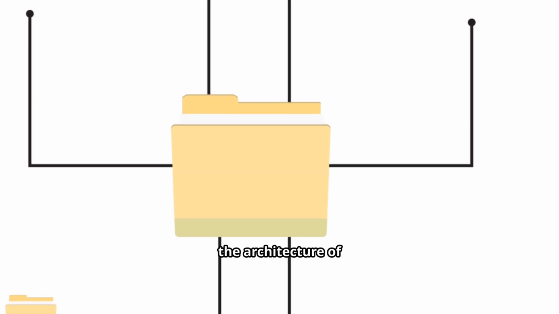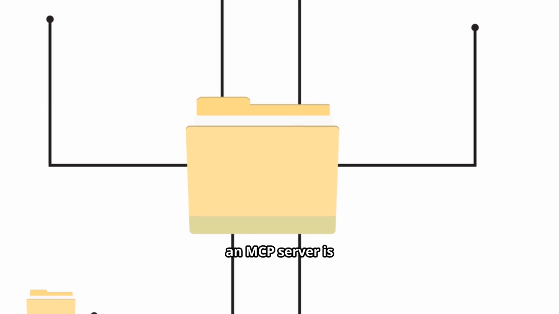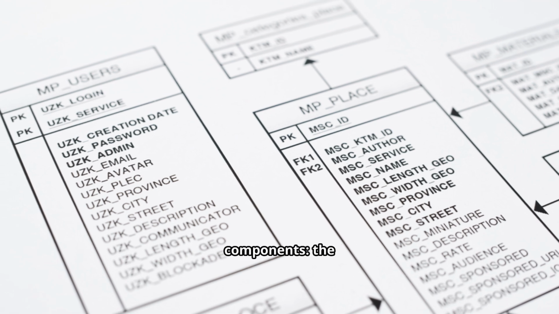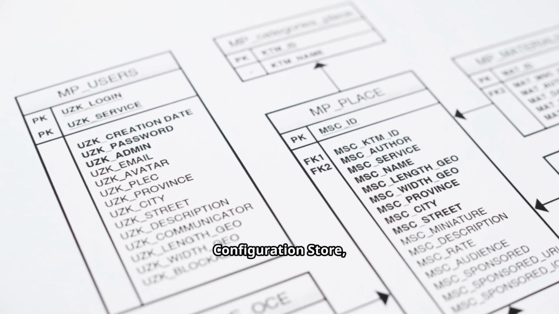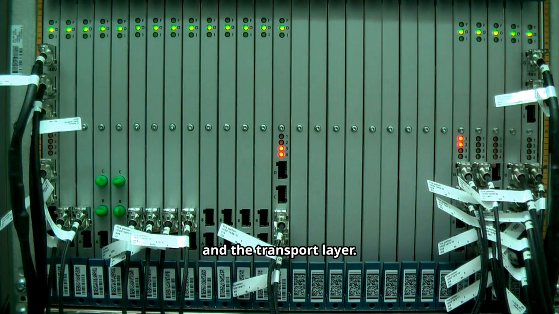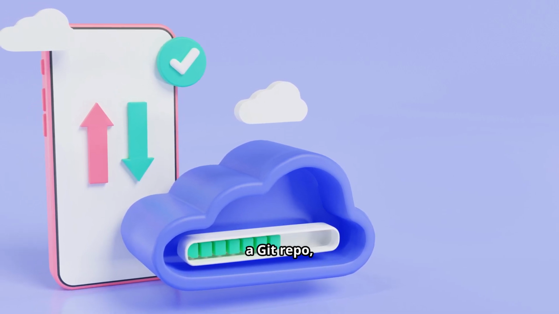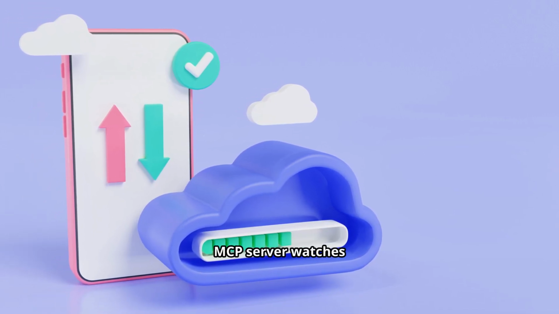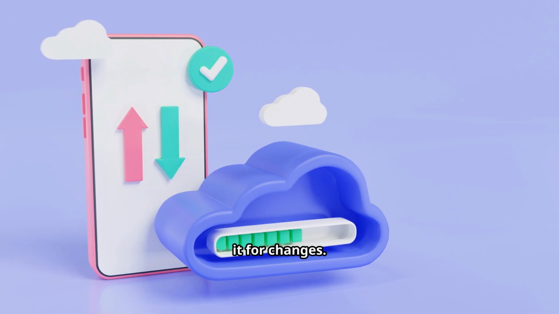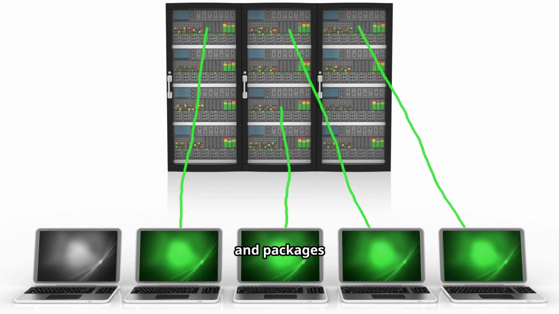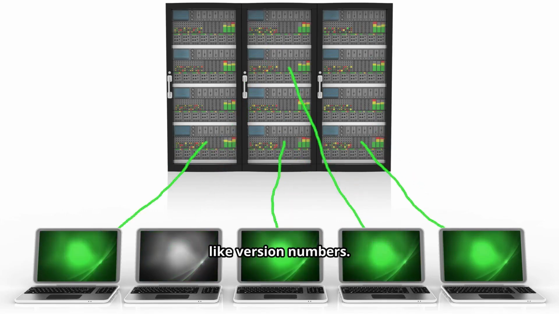Diving a little deeper, the architecture of an MCP server is designed for simplicity and reliability. There are a few key components: the configuration store, the MCP server logic, and the transport layer. The configuration store could be files on disk, a Git repo, or a database. The MCP server watches it for changes. The server logic manages subscriptions, maps clients to collections, and packages updates with context like version numbers.